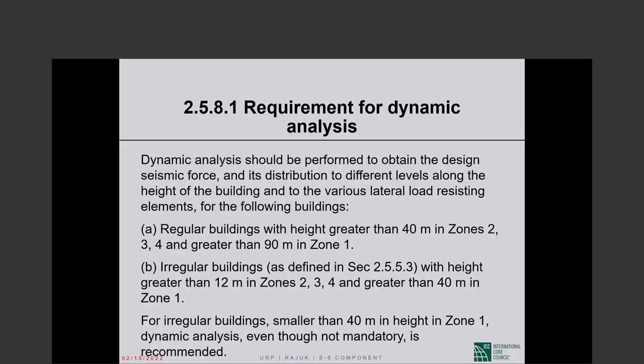The height thresholds are lower for irregular buildings than for regular buildings. Okay. The recommendation: a code typically does not provide recommendation. A code typically is a mandatory language document. Anything that is not mandatory, that is not enforceable, is typically not included in the code. But BMBC has given you that recommendation.